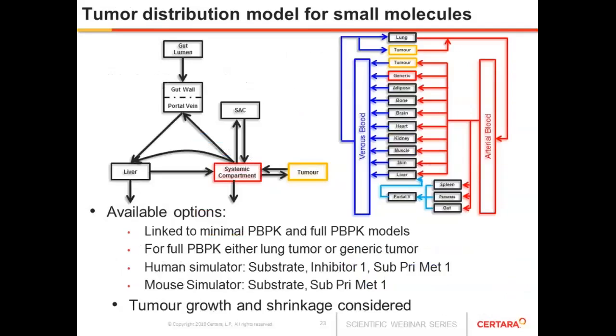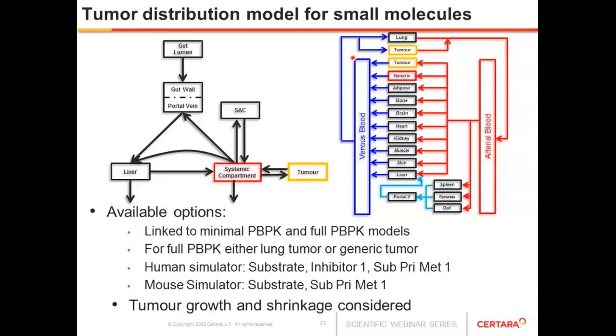The other thing I briefly wanted to introduce to you was the tumor distribution model. And we have this available within Simcyp for minimal PBPK modeling, as well as full PBPK modeling. Essentially this is available using a separate compartment receiving blood flow from the systemic compartment.